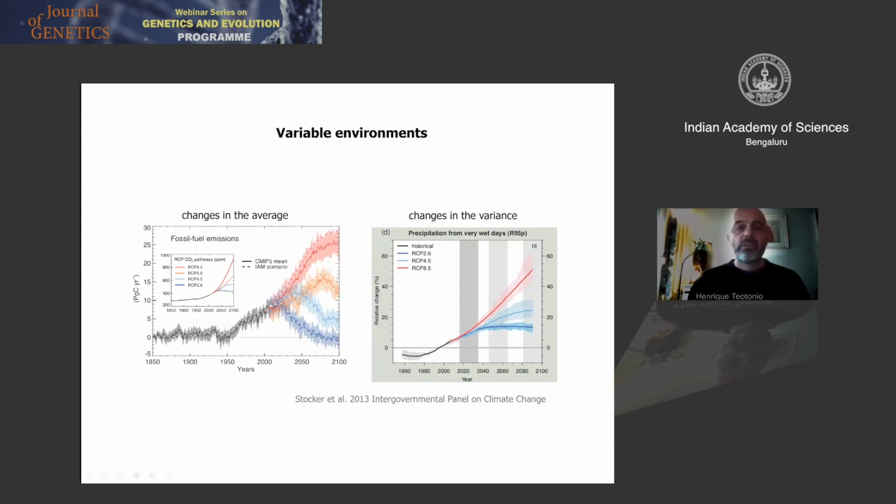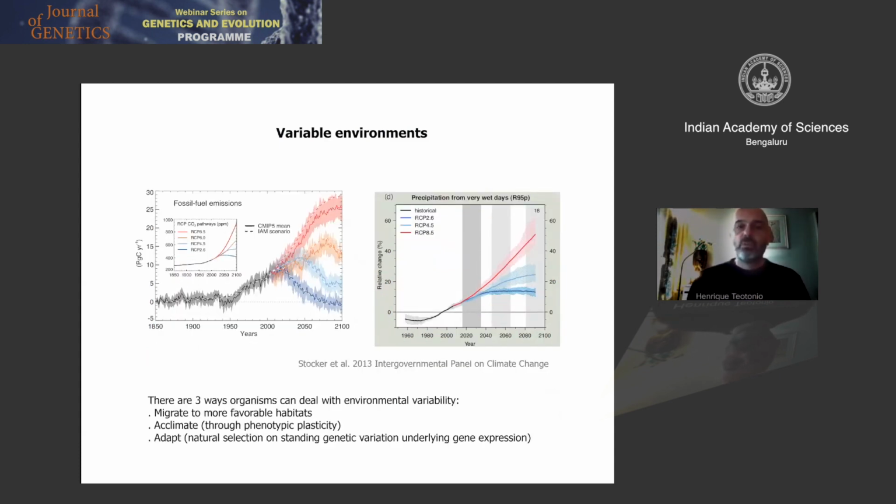The second aspect that we should consider is changes in the variance of the environmental factor across years. Here on the right plot, we see that relative change in very wet days has also been increasing for the past 50 years or 100 years and is expected to increase in the future. So these are levels of environmental fluctuation. So there are these two aspects to consider when we talk about variable environments.